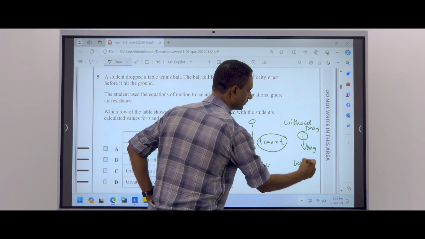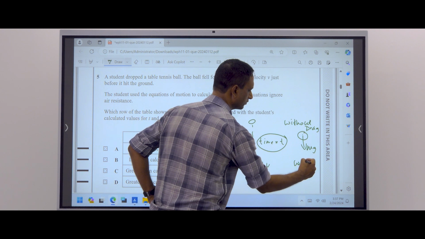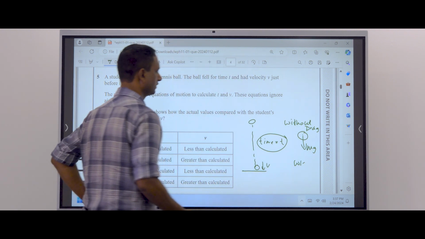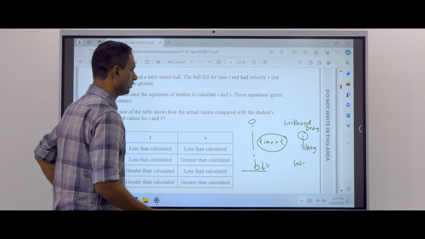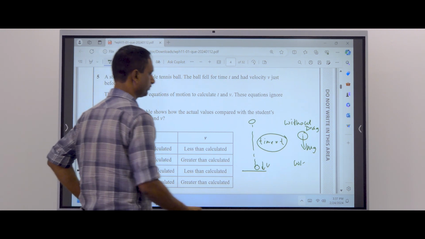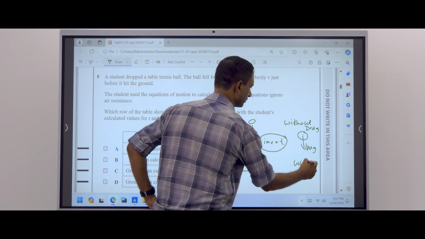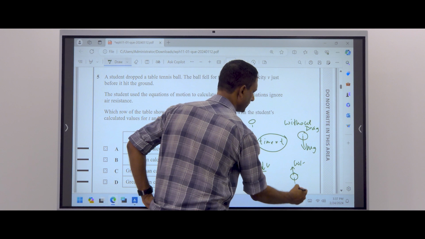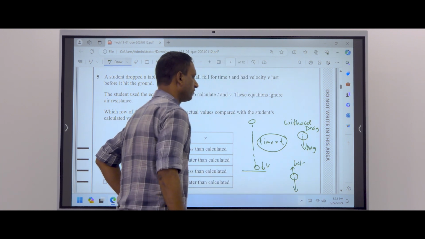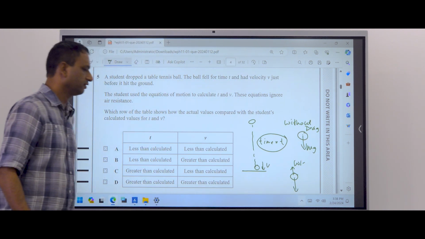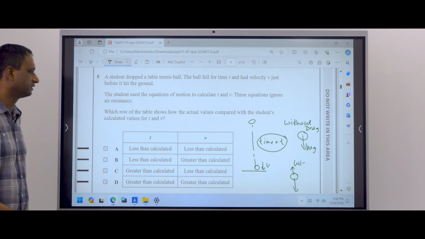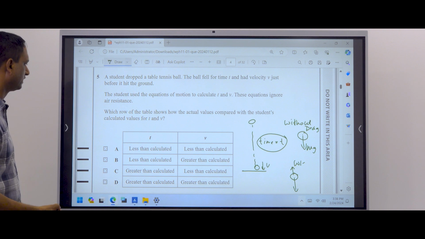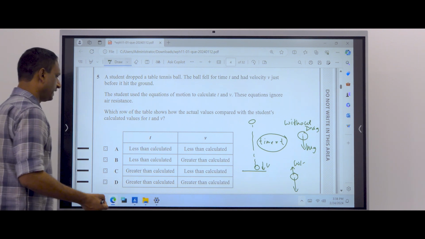With drag, we have opposite force to the motion. Drag force is opposite to the motion, therefore acceleration is less. With the drag, acceleration is less, therefore time taken to reach the same distance greater.